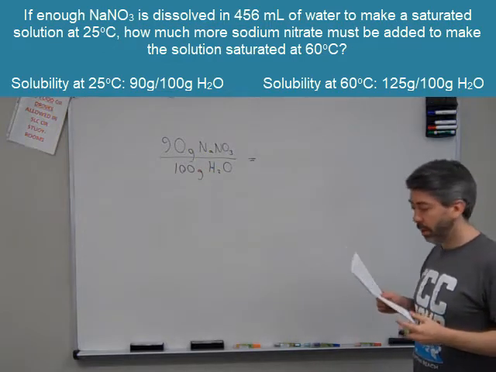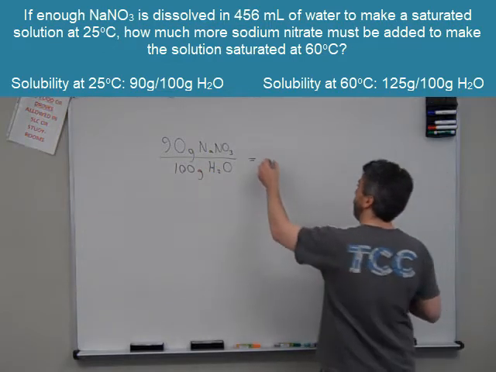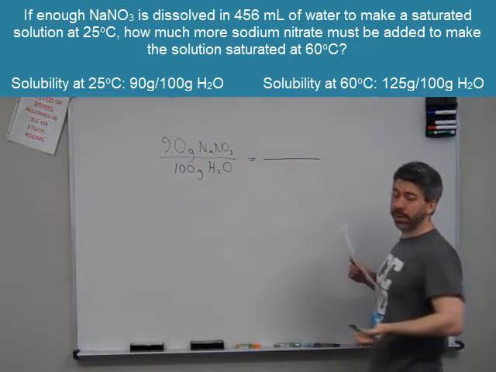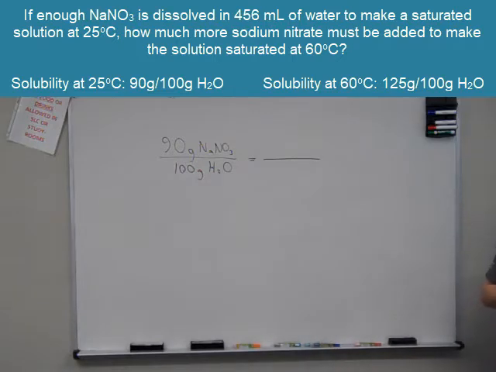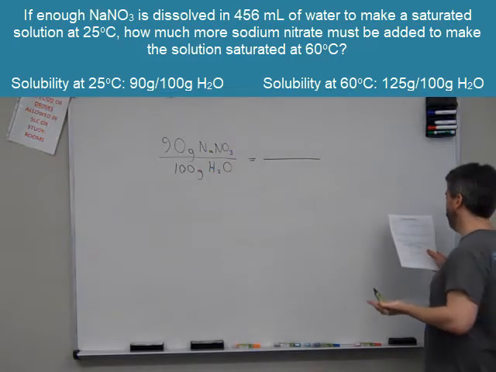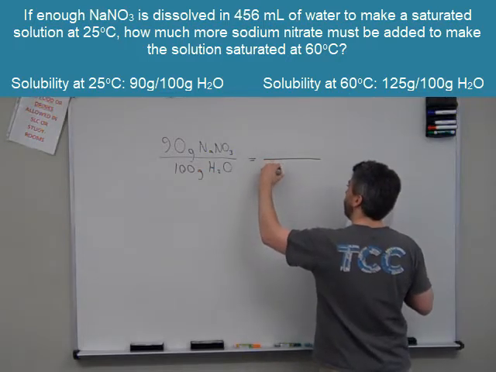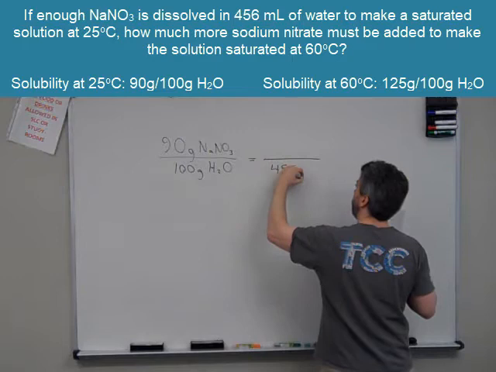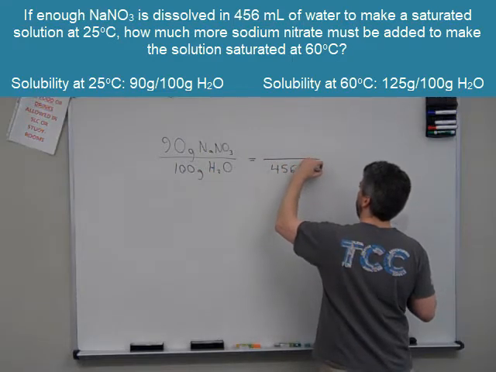456 milliliters. Fortunately, milliliters and grams are the same thing for water because water has a density of 1. So the 456 milliliters can also be written as 456 grams of water.